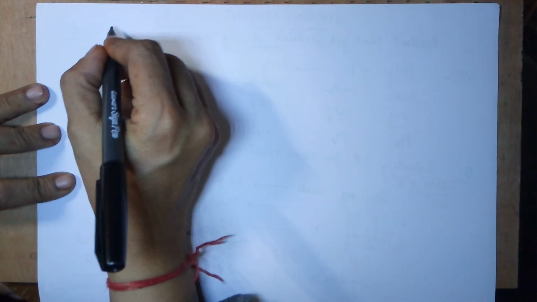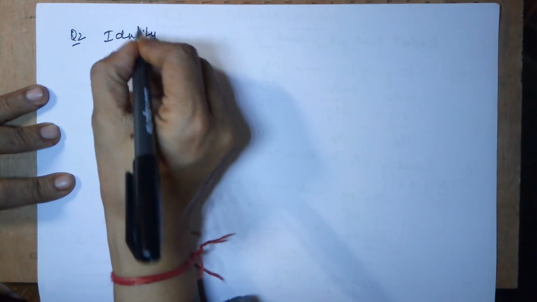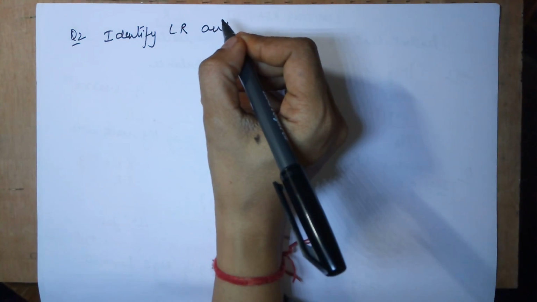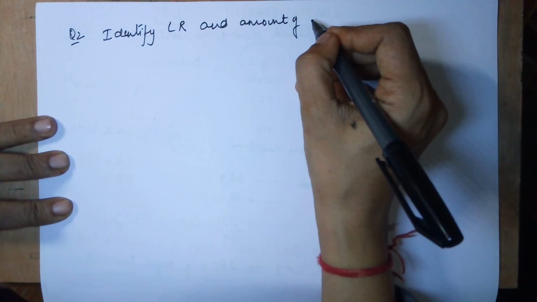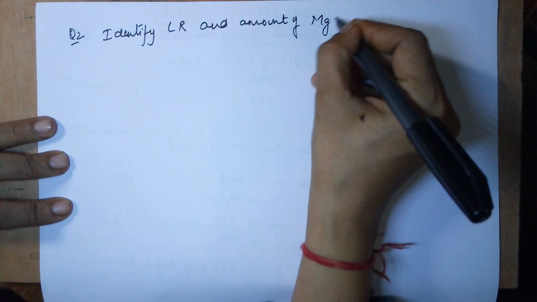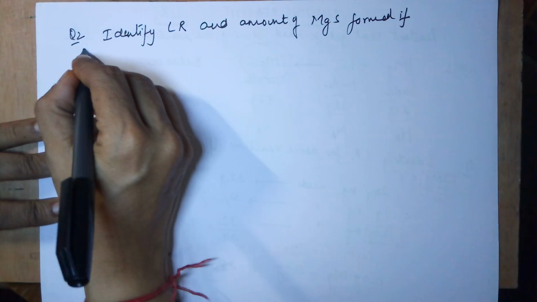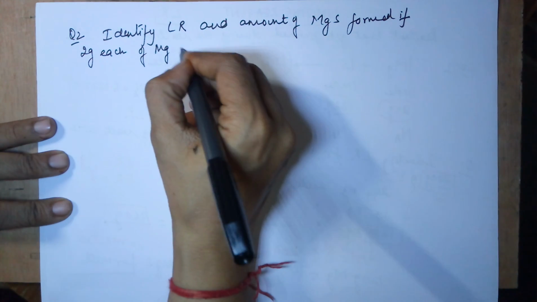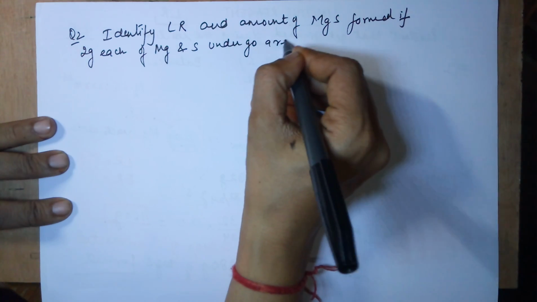The second example that I'm going to take has, you again need to identify the limiting reagent and the amount of magnesium sulfide formed if 2 grams each of magnesium and sulfur undergo a reaction.